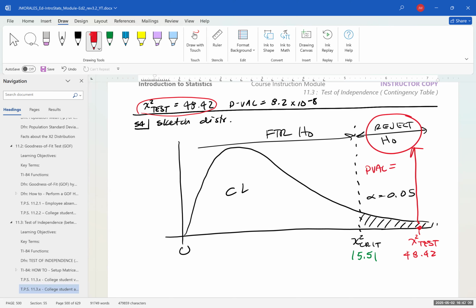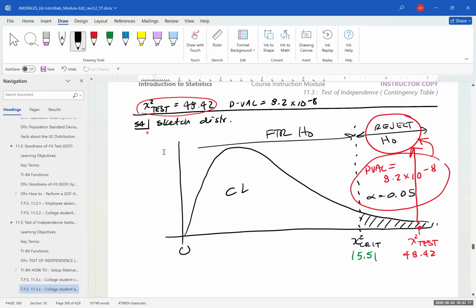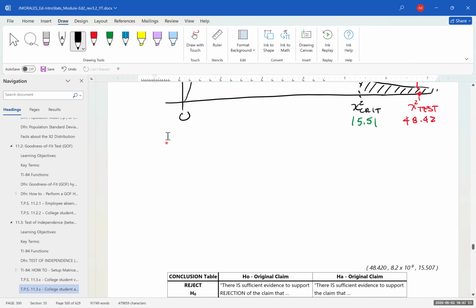The p-value is a really super small number, 8.2 times 10 to the negative 8, right? And if p is smaller, reject the null. So now we can move on to our last and final step, step 5, which is to put our results together and write a conclusion.